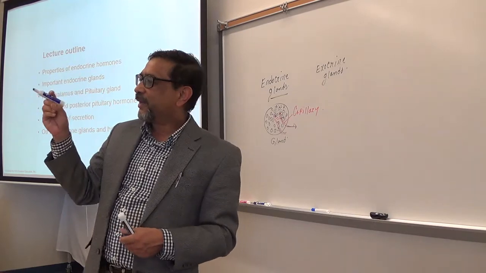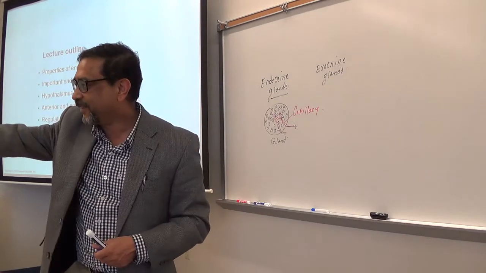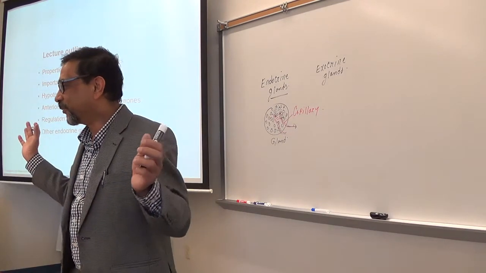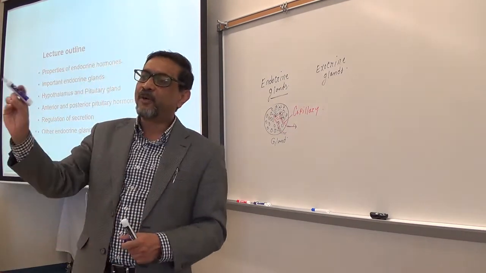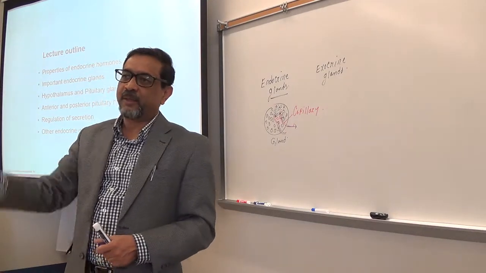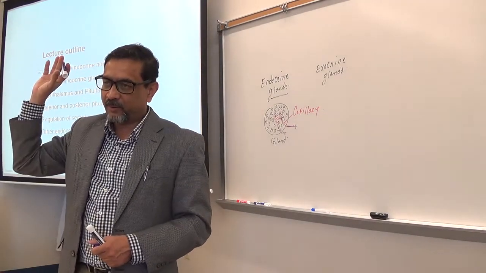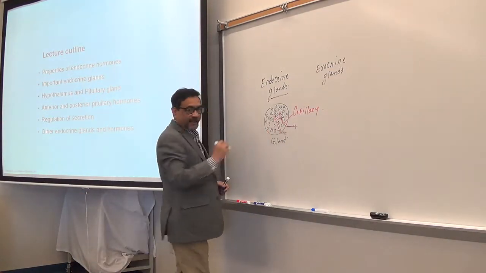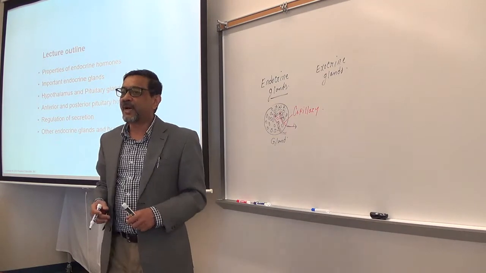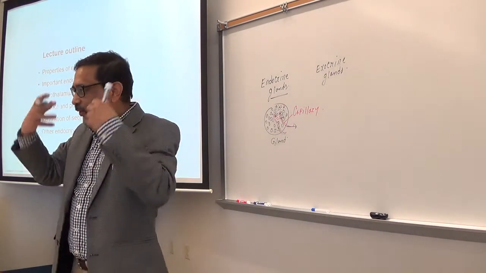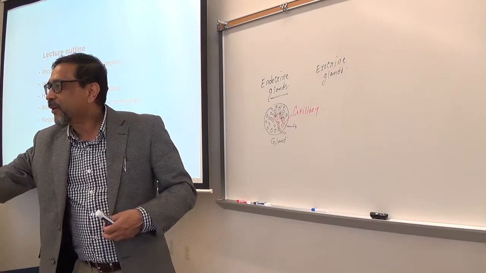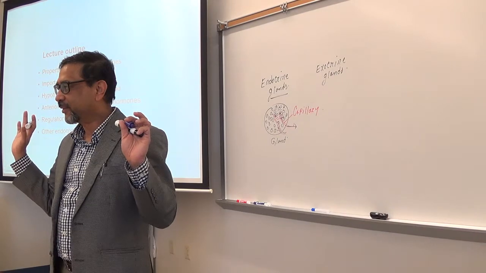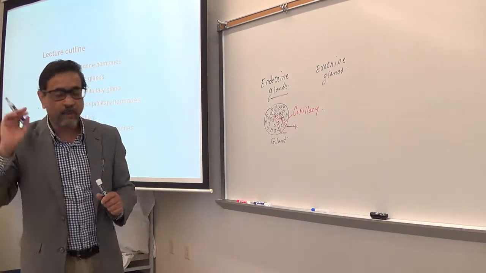So the hormone can be taken far away from the gland. Make sense? Because blood goes everywhere. So the hormone can act far away from the gland. Okay? And the action is more generalized because blood goes everywhere, right? So it can work on more than one tissue, more than one target organ. Is it clear? So that is the endocrine.